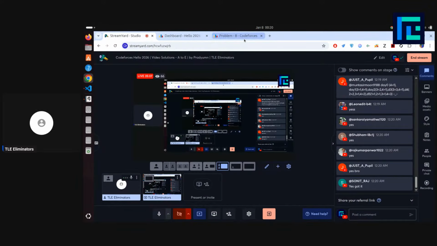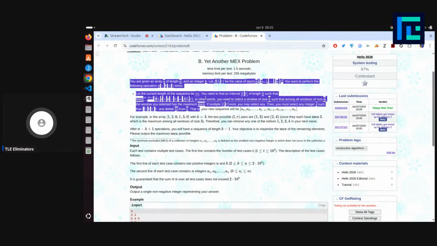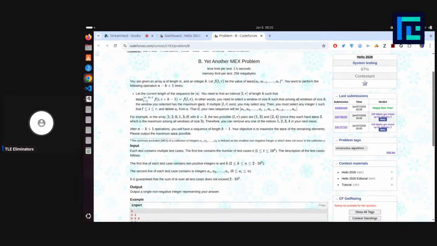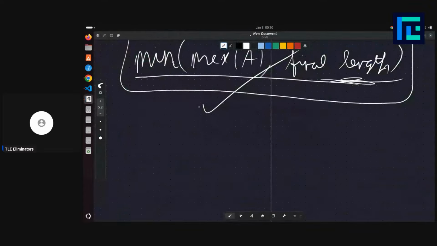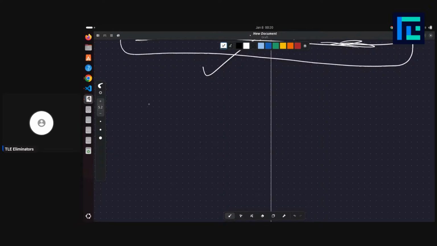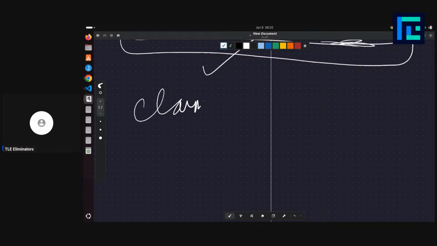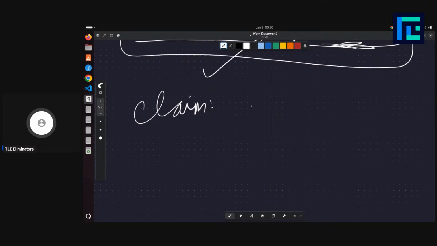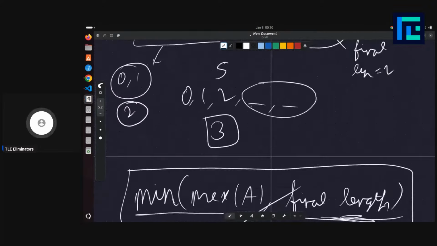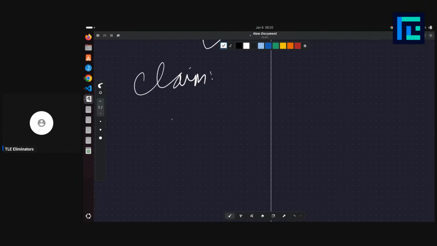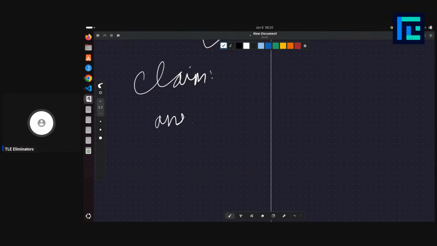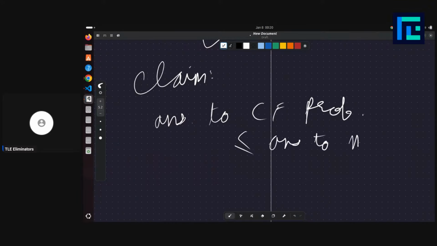This is the problem, and my claim is, first of all, do you all understand that the answer to the Codeforces problem will definitely be less than or equal to the answer to my problem?